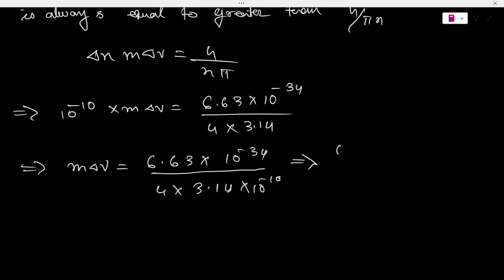After that the result will be 0.53 into 10 to the power minus 24 kg meter per second.